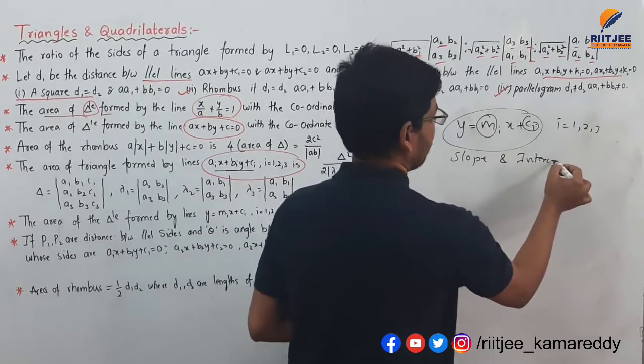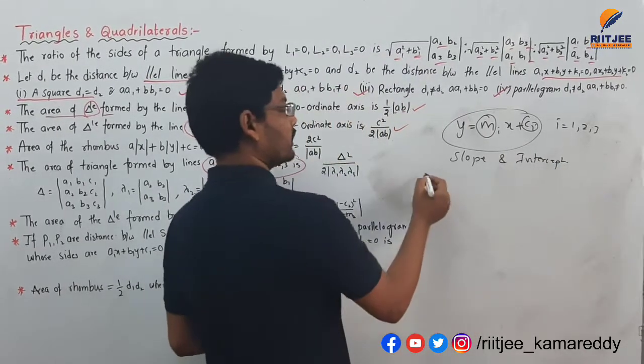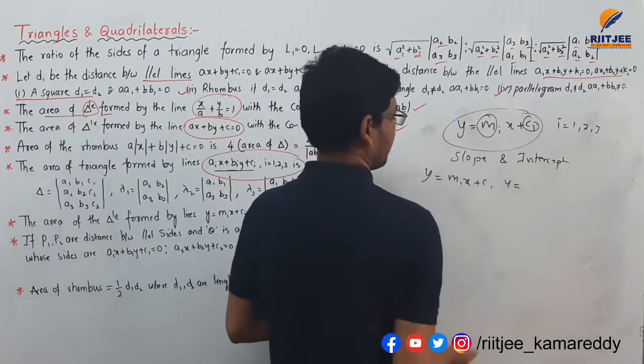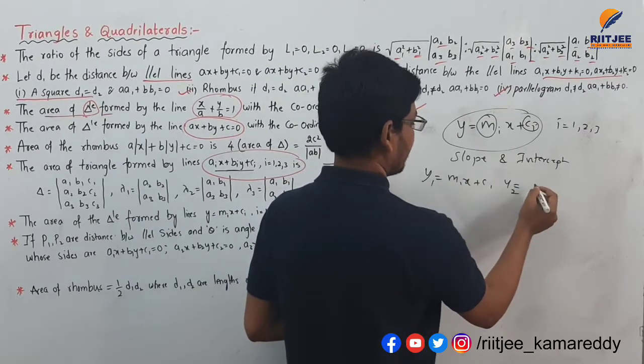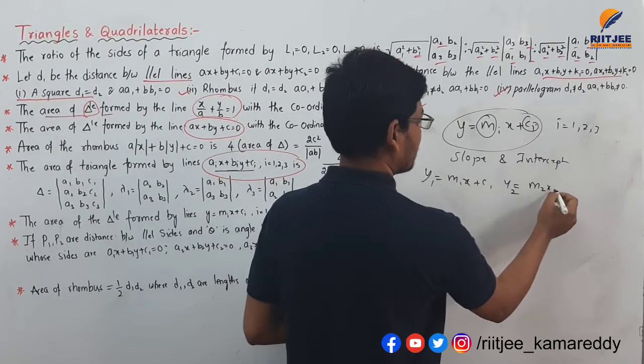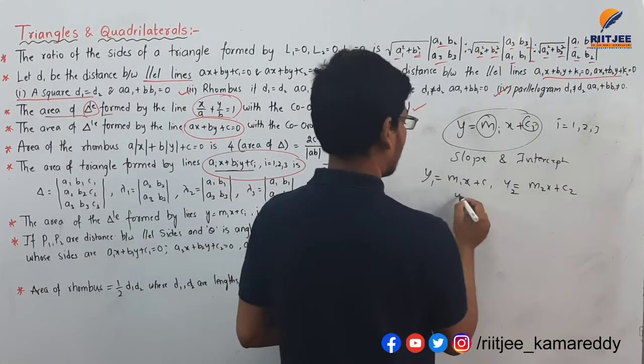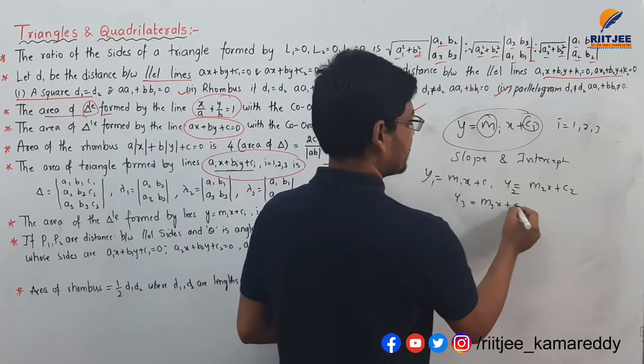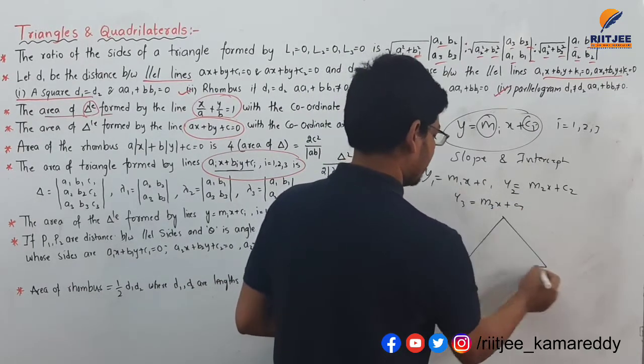So y1 equals m1 x plus c1, y2 equals m2 x plus c2 and y3 equals m3 x plus c3. This is a triangle here.